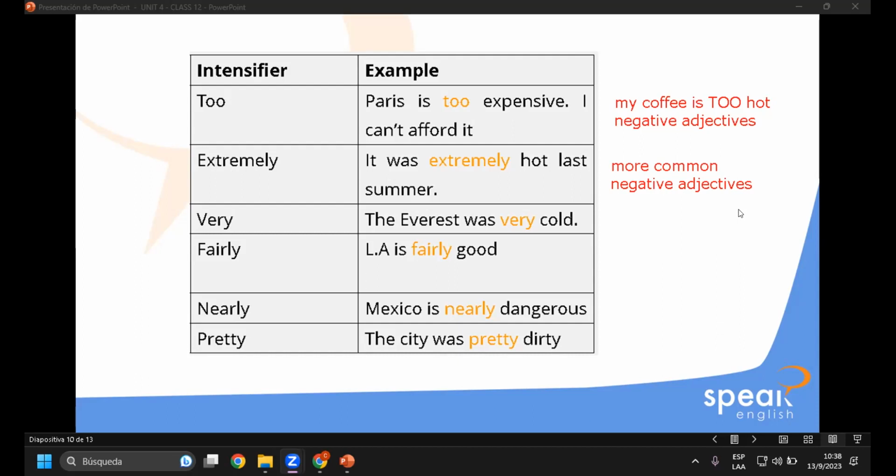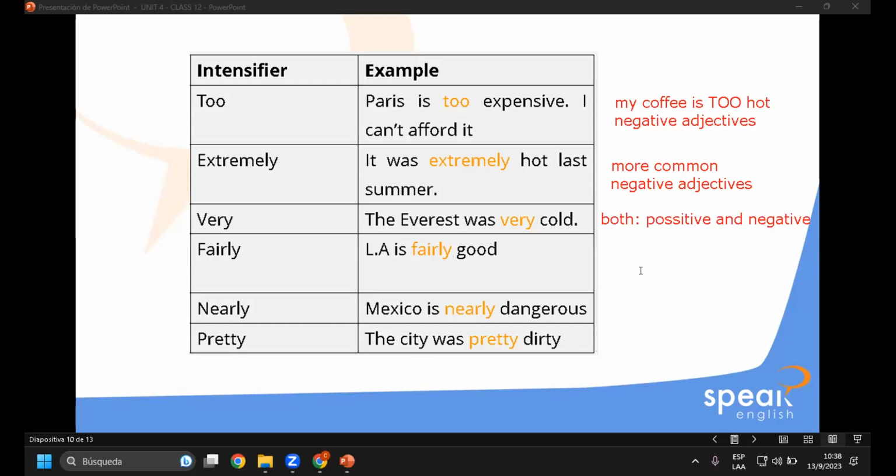Yeah, got it. Then we have one of the most common ones, very. Very, it's very common to use it with both, okay? Positive and the negative adjectives. You can use it with both. For example, I can say, my city is very safe.